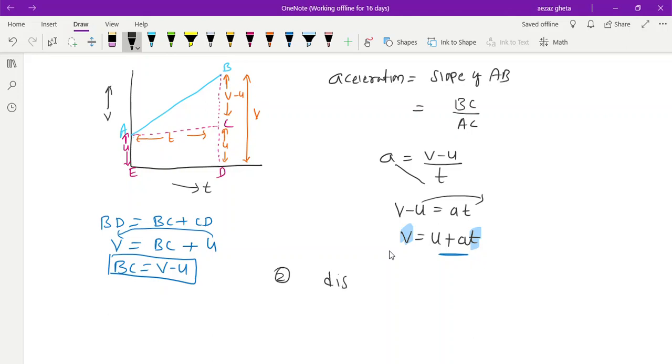Distance covered is equal to the area under curve AB. So the distance covered is this area under AB.